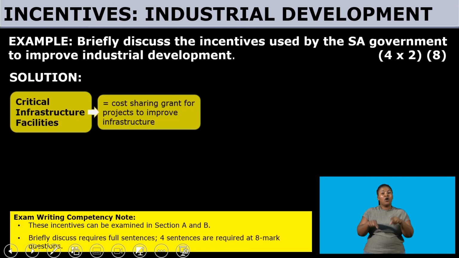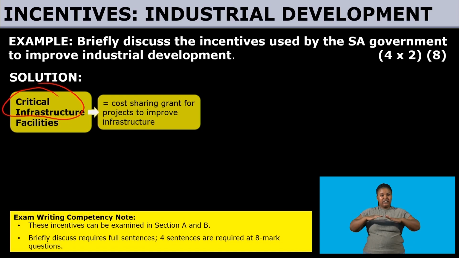We also have the critical infrastructure facilities. So the name here is critical what? Infrastructure. So obviously it is a cost-sharing grant for projects to improve infrastructure. As the name suggests, critical infrastructure.